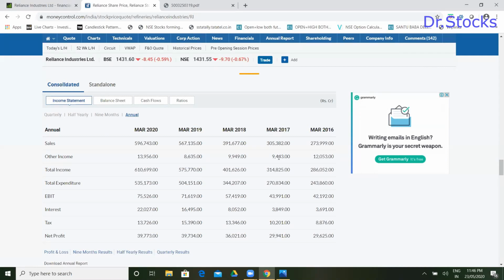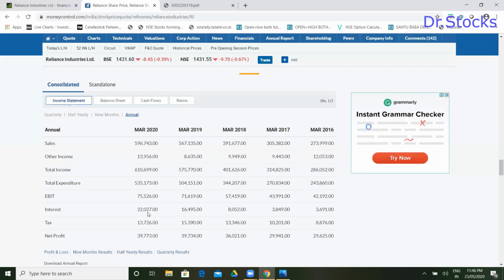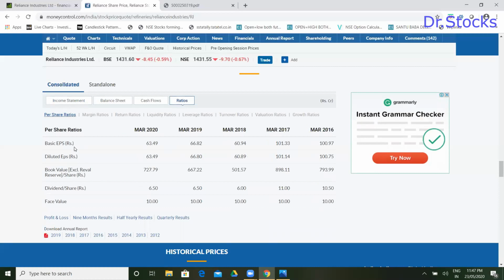On the earnings side, they earned a very good amount and profited very well at the March 2017 level. From there, their interest increased, and because of paying interest, the profit of the company gets reduced. That is the reason for this divergence. The book value and EPS are reduced mainly because of this interest payment.